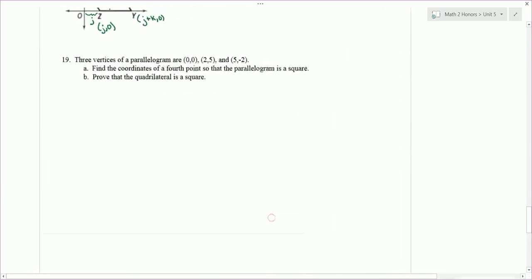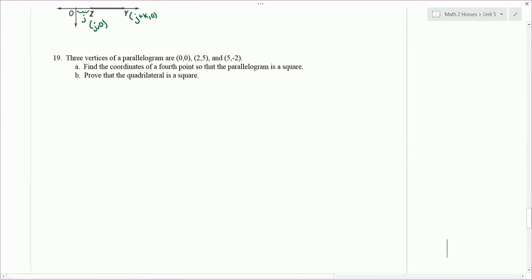Okay, number 19. 3 vertices of a parallelogram are given, and I'm going to go ahead and sketch those.